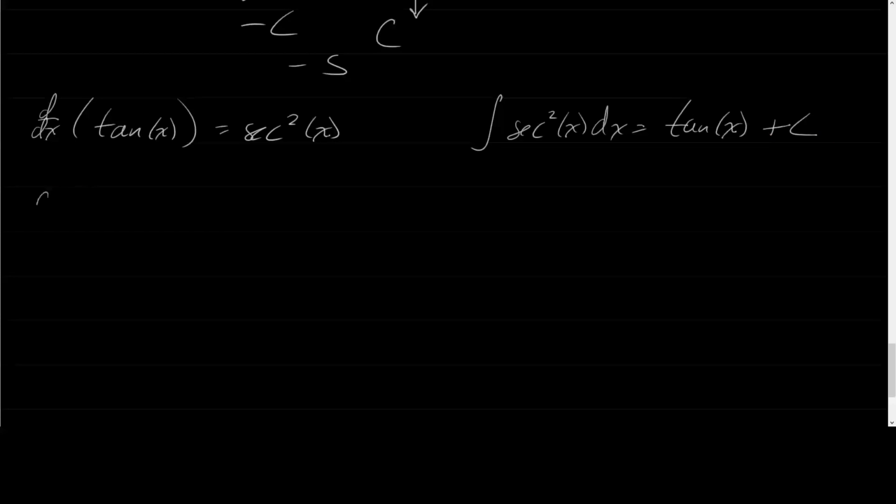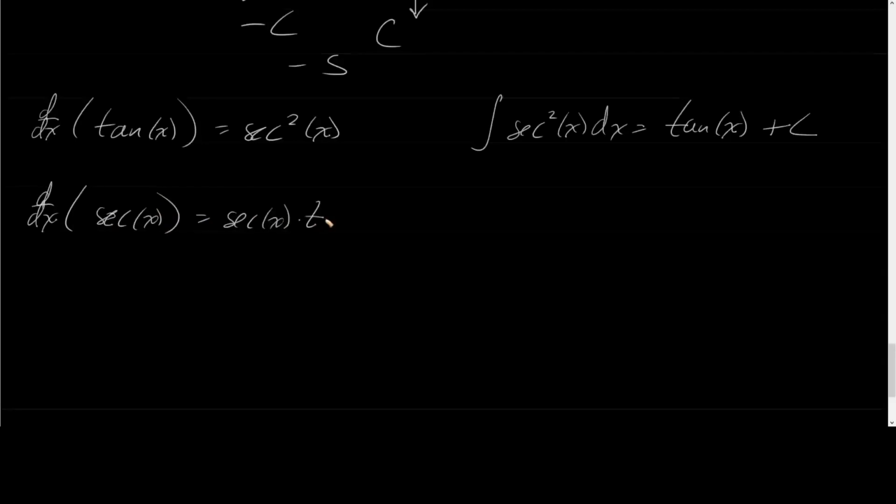We know the derivative of secant is secant x tan x. Well, that would tell me the antiderivative of secant x tan x is secant.